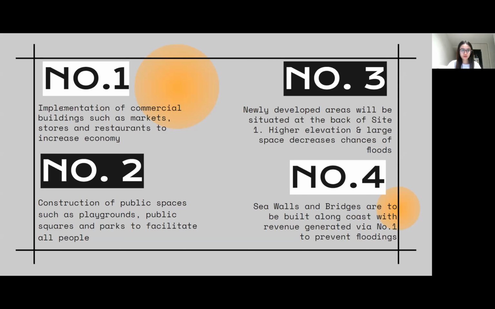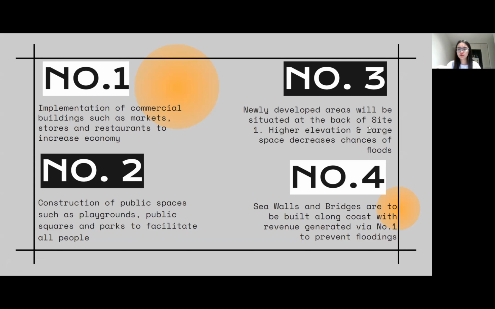Number 1 is implementation of commercial buildings such as markets, stores, and restaurants for an inclusive economy. Number 2 is construction of public spaces such as playgrounds, public squares, and parks to facilitate all people.